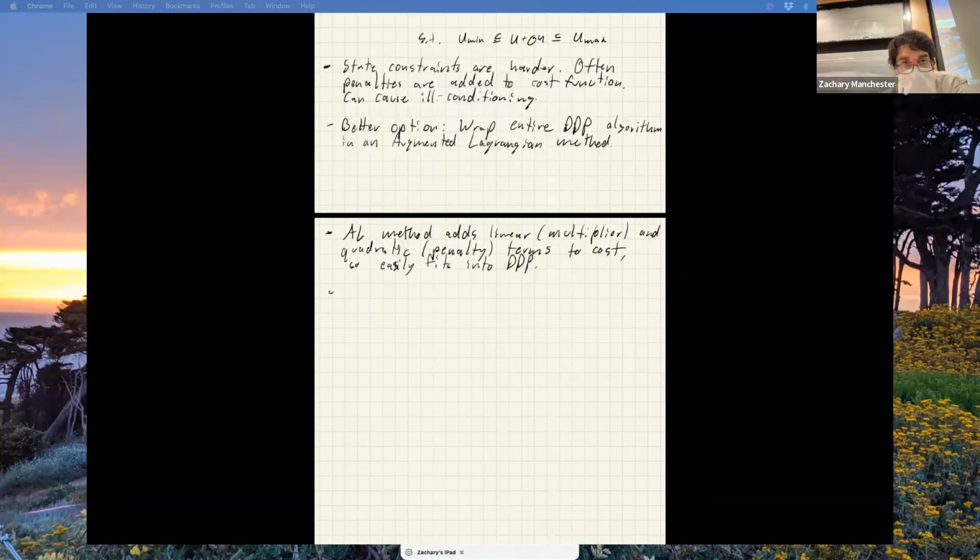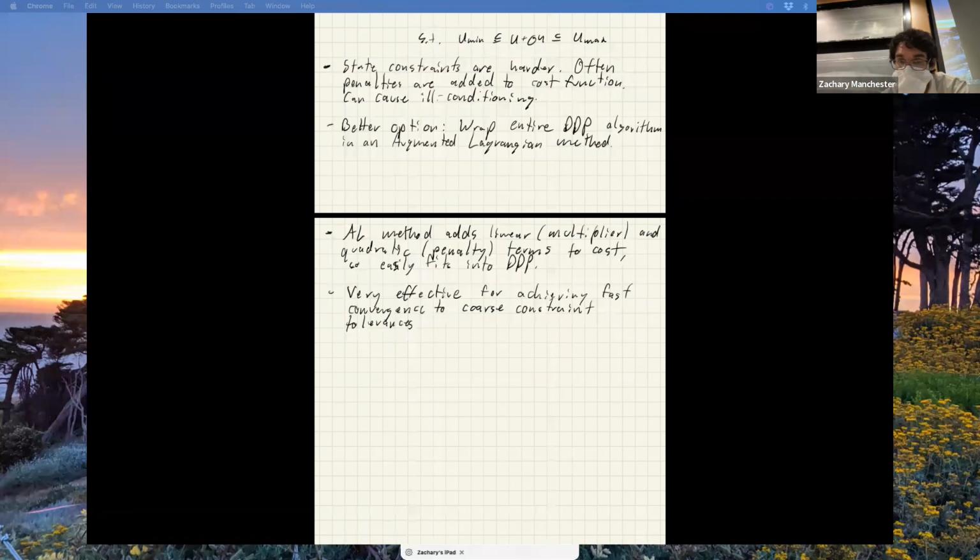And I'll show you some stuff. This is very effective for fast convergence to coarse constraint tolerances, which is what we usually care about in real robotic control applications, right?